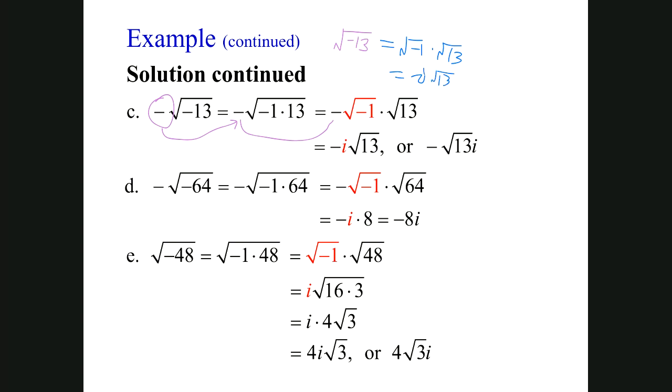And remember, this outside negative, you have to carry over, nothing to do with the inside one. So we have a negative in here, we have a negative in here. So that's why in the final answer you still have a negative, because we carry this over all the way down here. So your answer will be negative I square root of 13. Or write I at the end, but just make sure this I has to be outside the square root, not inside the square root, okay?